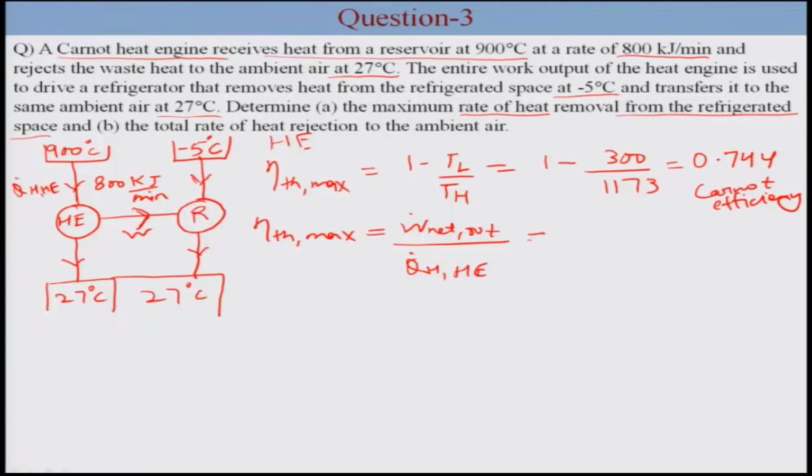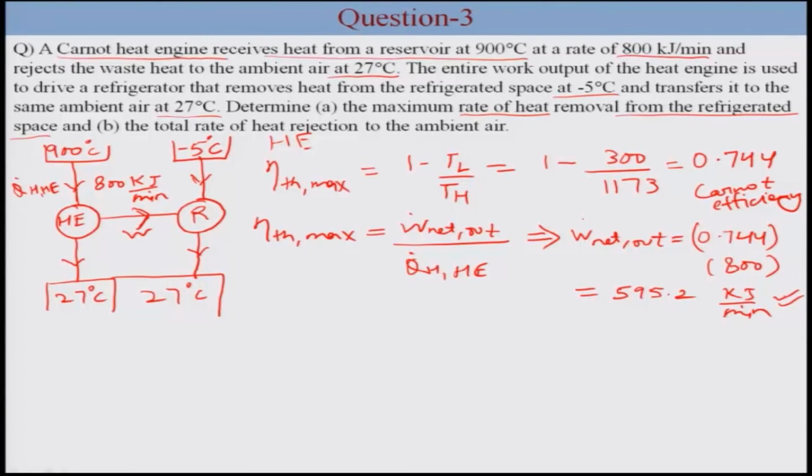From this we will get the work output from the heat engine, and this is equal to efficiency 0.744 multiplied by QH dot for the heat engine, that is 800. So this is equal to 595.2 kilojoule per minute. Now this work is given as input to the refrigerator.